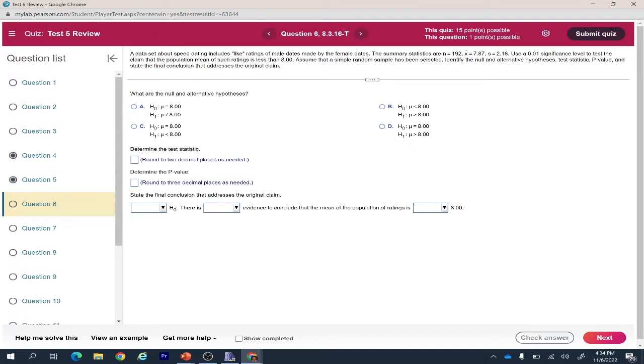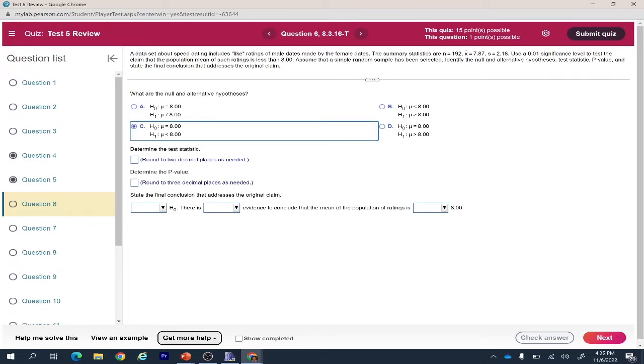So here the null hypothesis is that the mean is equal to 8, and then the alternative hypothesis is where is the claim? Okay. To test the claim that the population mean of such ratings is less than 8. So less than 8. Okay, this is our alternative hypothesis, less than 8.